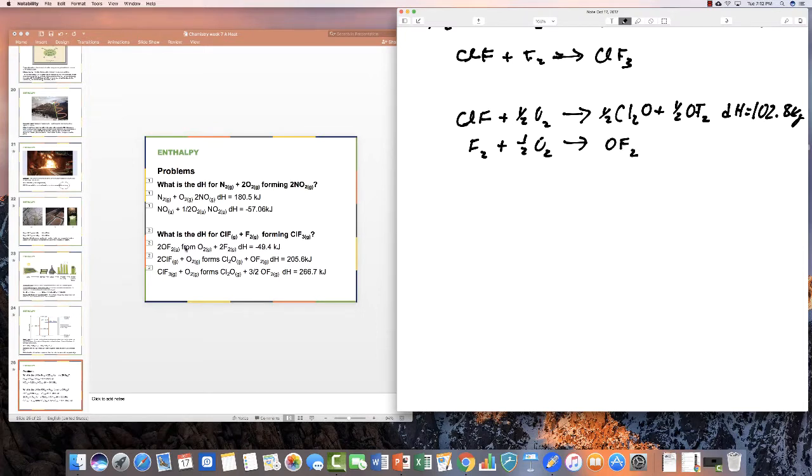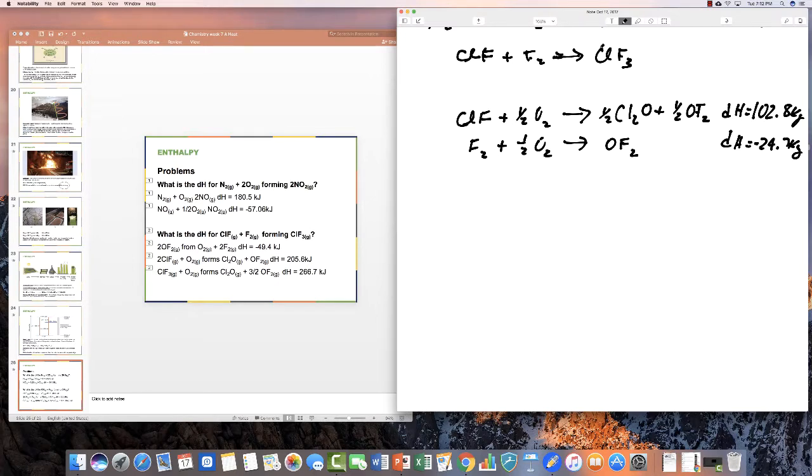And it's another half, so the DH here is going to be 1/2 of this number, which is minus 24.7 kilojoules.